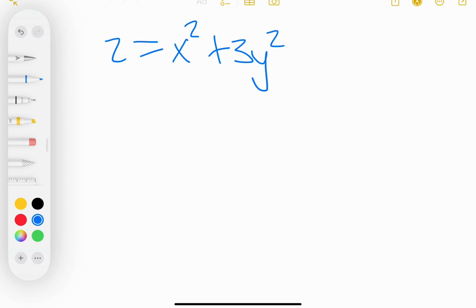So let's try it with the exponential function.